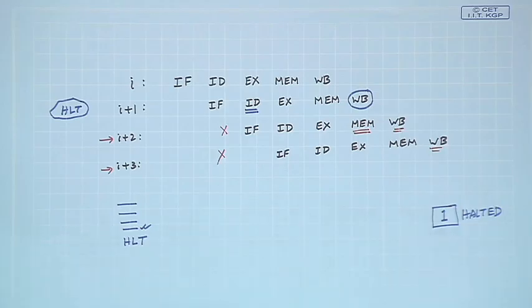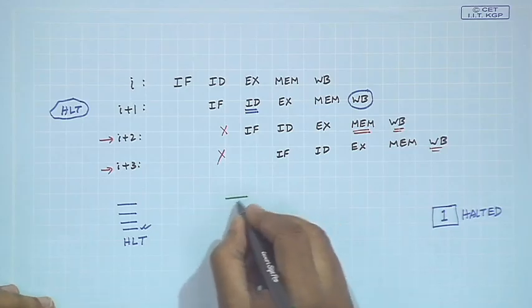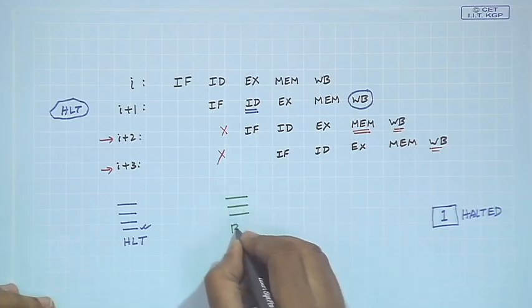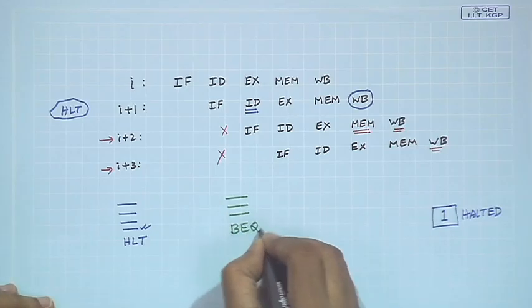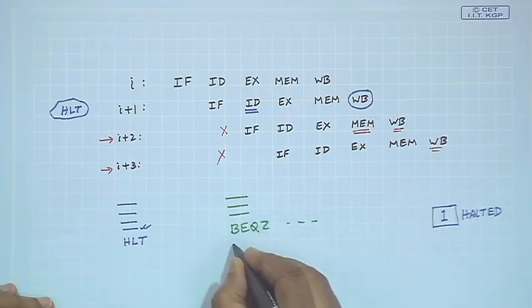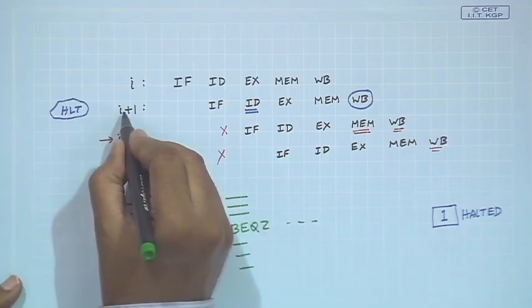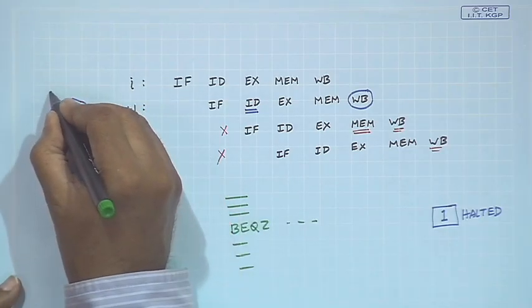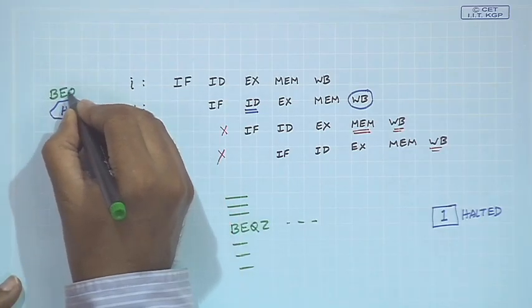Now, similar will be the case in a scenario where there is a branch instruction, let us say branch if equal to 0, and there are some instructions after that also. Let us assume again that this I plus 1 was my branch instruction BQZ.